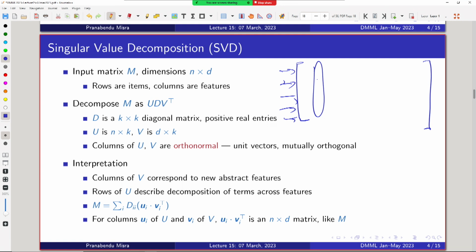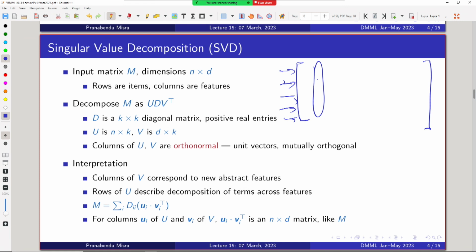So, we use the property that any matrix can be decomposed like this as a product of 3 matrices, where D is a diagonal matrix, and U and V are 2 orthonormal matrices. Essentially, they are composed of unit vectors, and any 2 unit vectors in, say, U are orthogonal to each other, right.